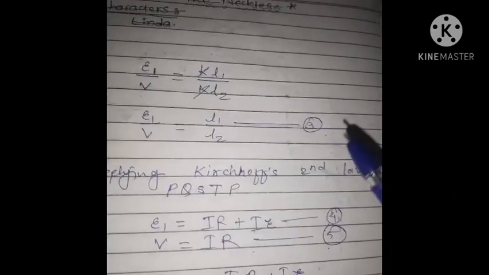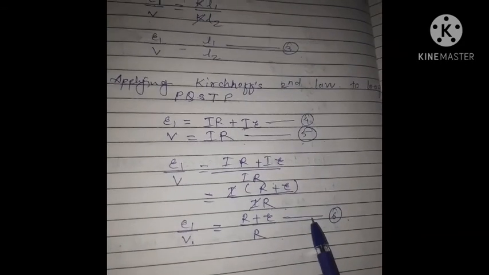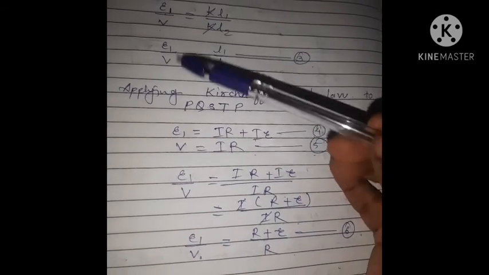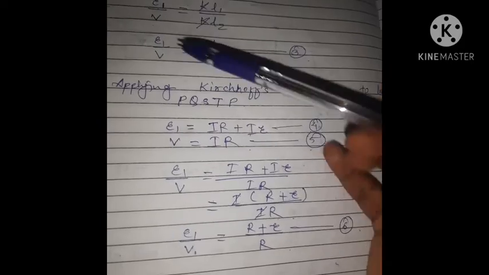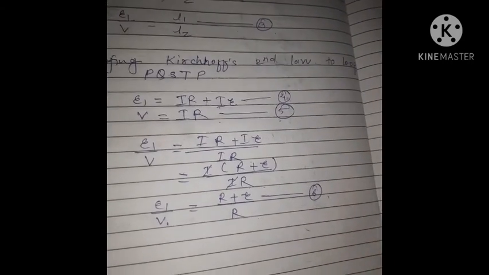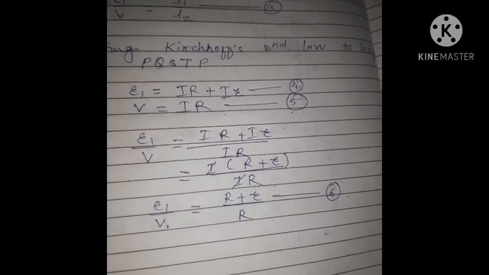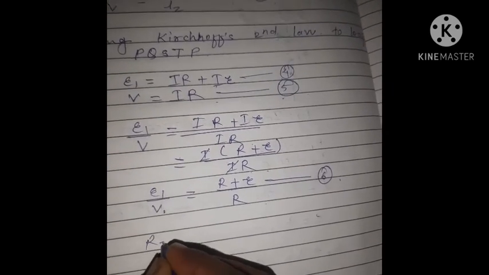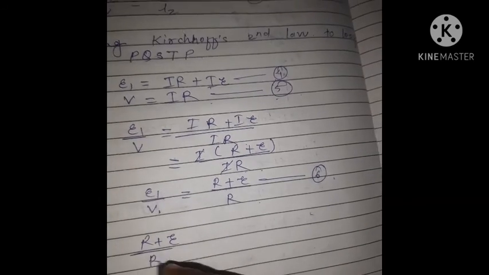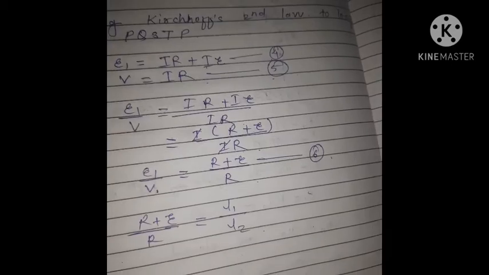See equation 3 and equation 6. This side E1 by V is the same, so this side must be equal. So we can write R plus small r divided by capital R is equal to L1 by L2.